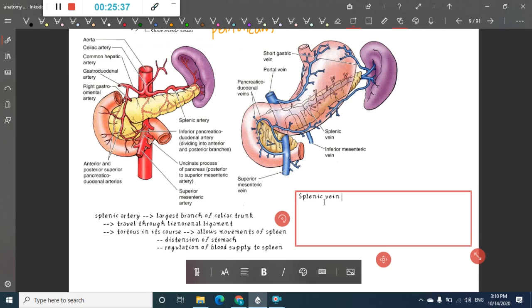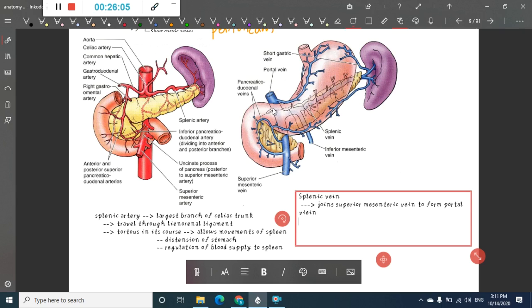The splenic vein runs in a straight course from left to right behind the body of the pancreas, and behind the neck of the pancreas this joins the superior mesenteric vein to form the portal vein.